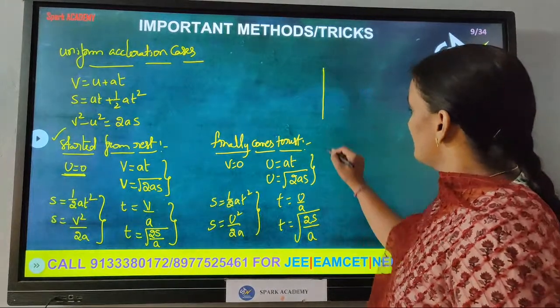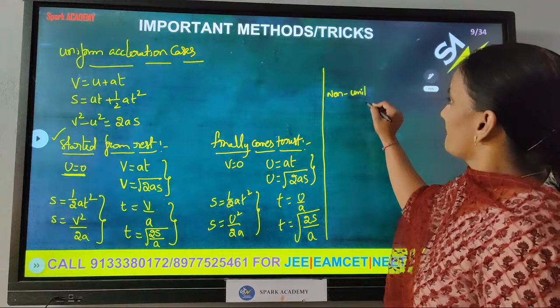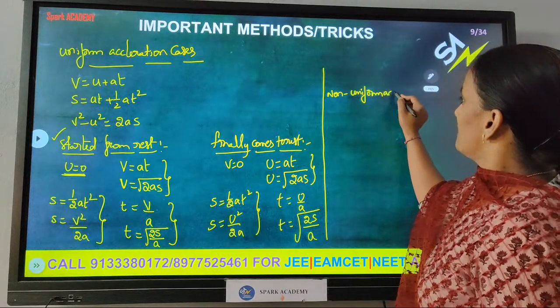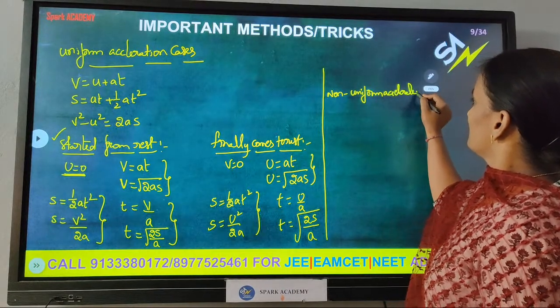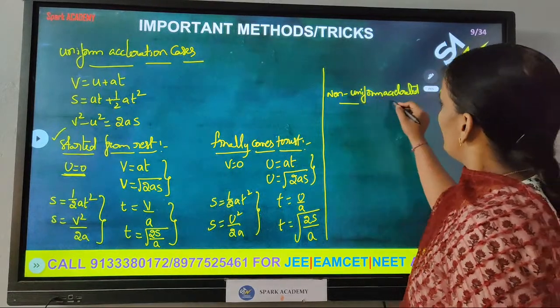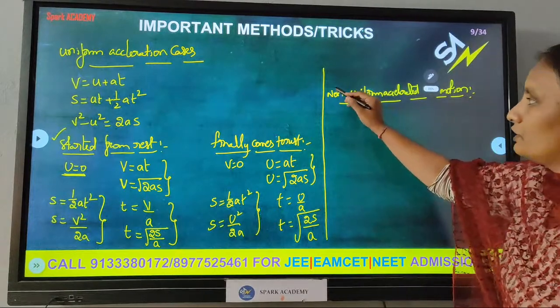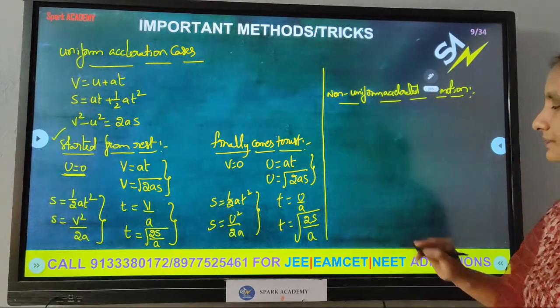And next, let us see non-uniform accelerated motion. How to find the displacement, velocity and acceleration for the non-uniform accelerated motion.